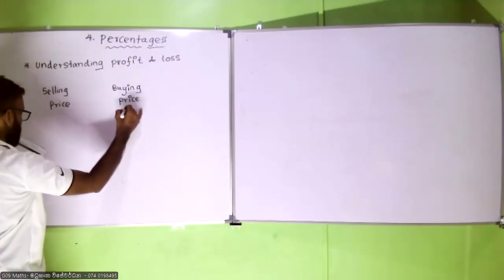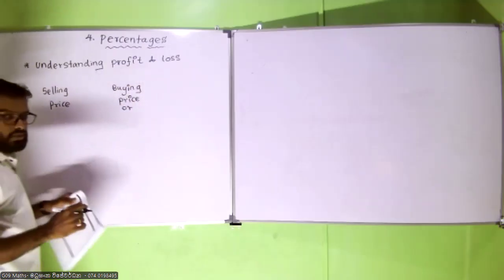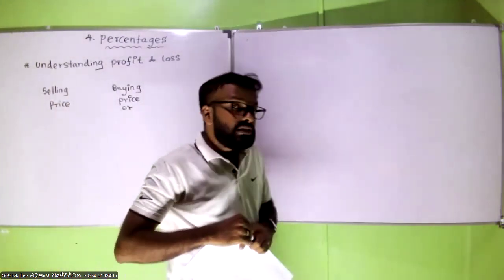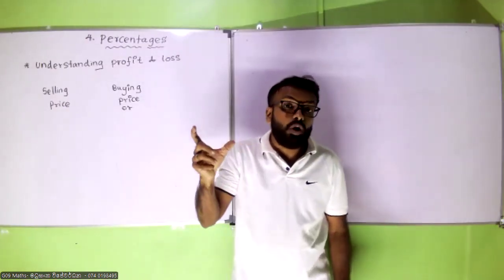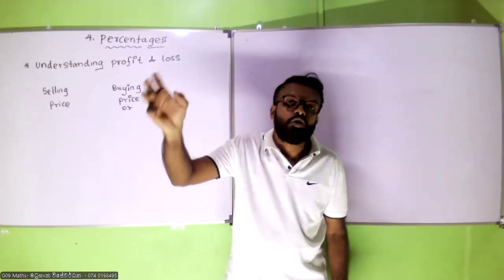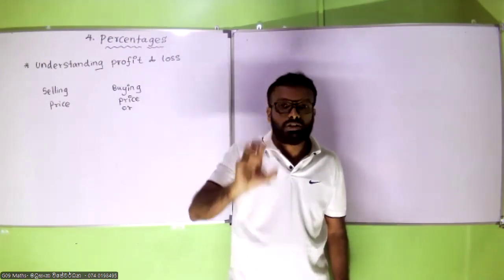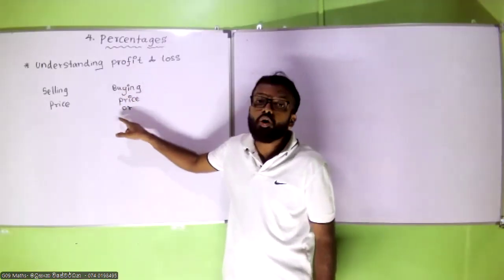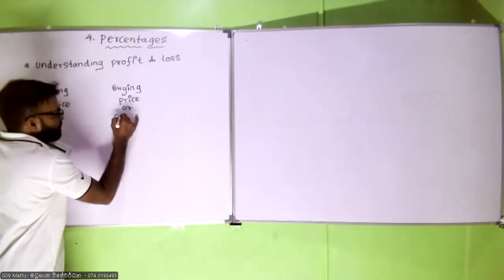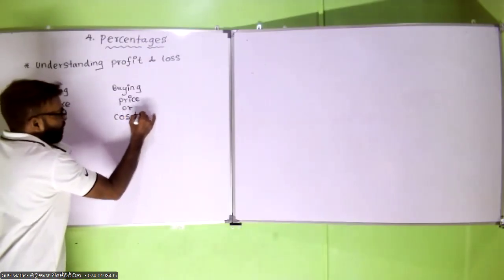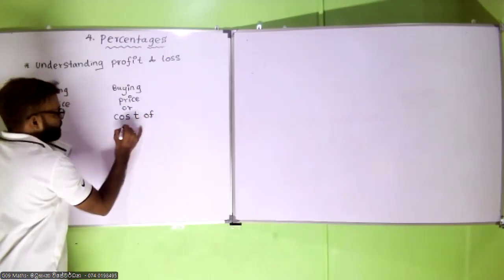There is another name we use for buying price. We say buying price or production cost. If not, we say cost. Buying price or cost of the item.